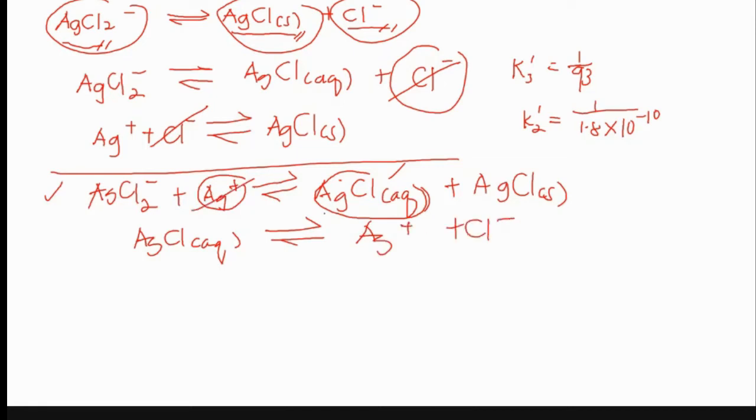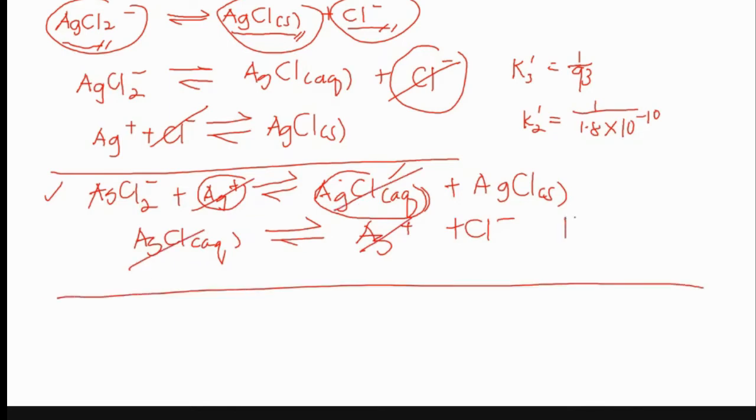Then cancel, cancel, cancel. So this one is K1 prime, 1 times 10 raised to negative 3. So the remaining, we get now the unknown reaction plus chlorine.